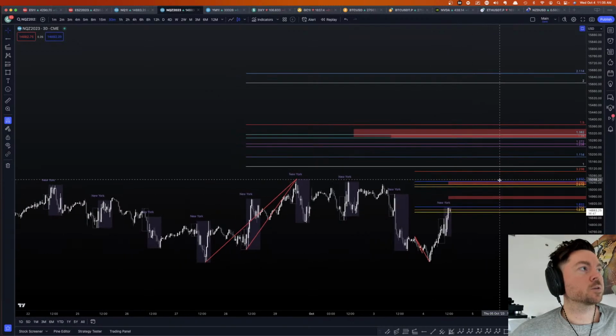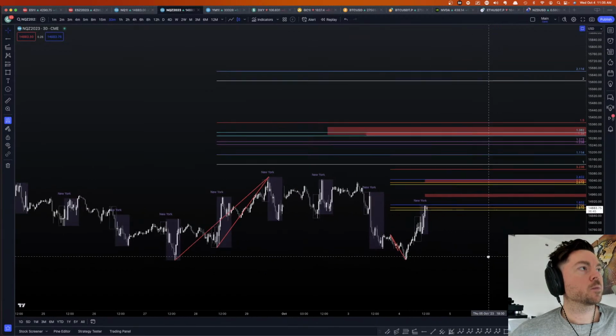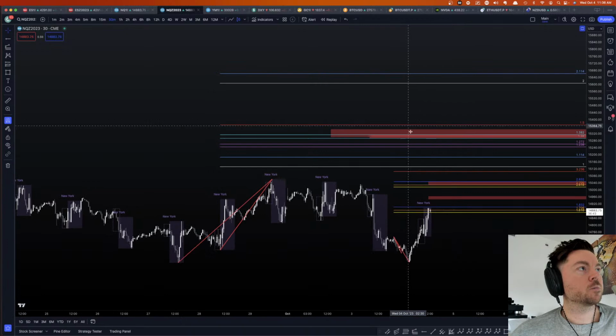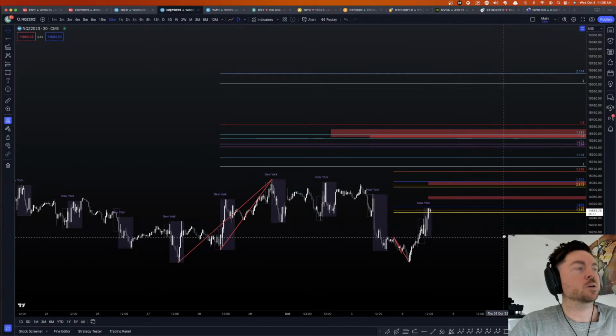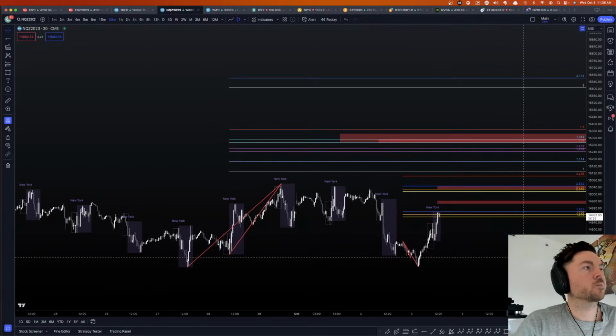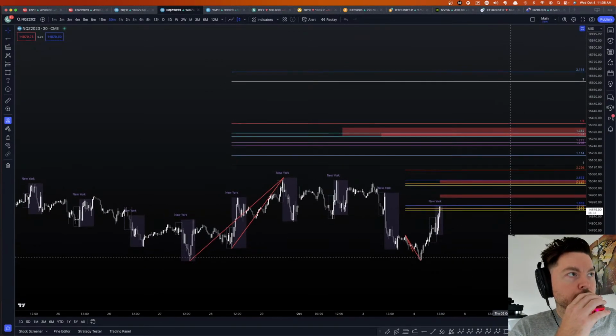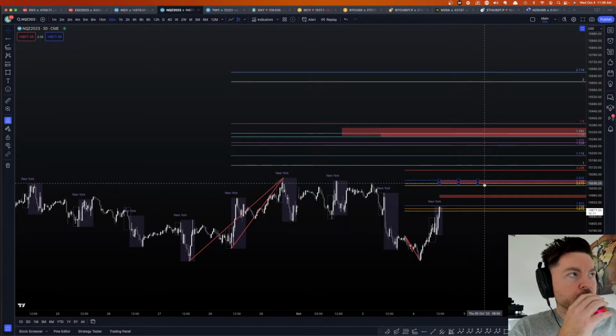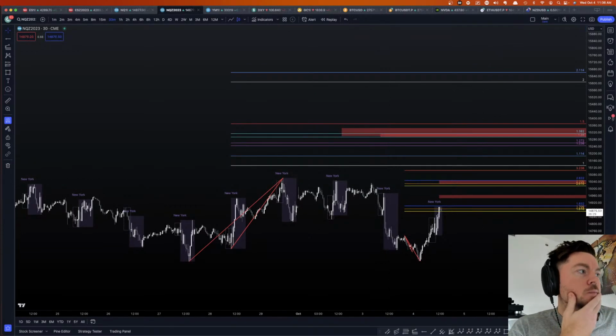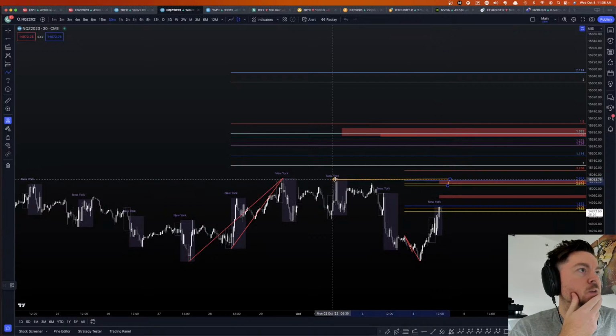But at this point, I'd be careful, because on a higher time frame, I would have these targets looking like the best targets for the higher time frame. But you could see something where you take this set of highs here up into this target zone, take that set of highs, and this one too.